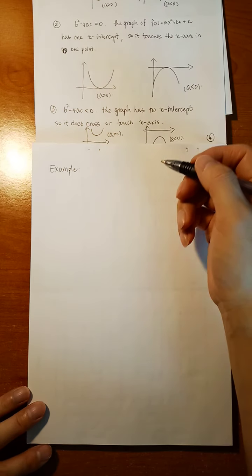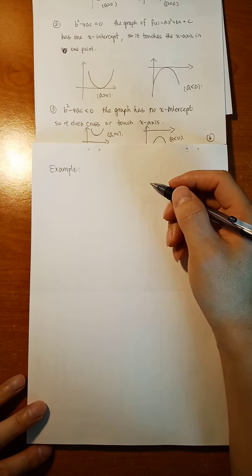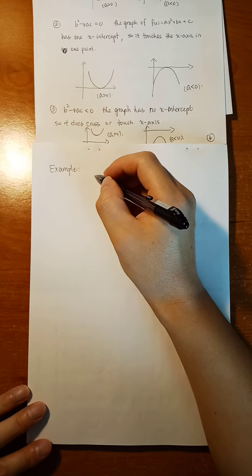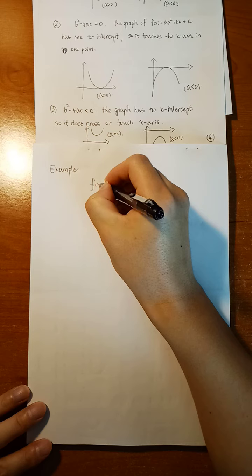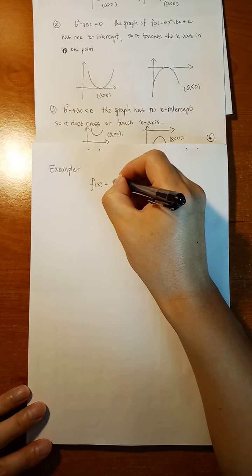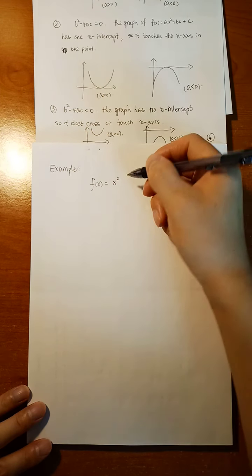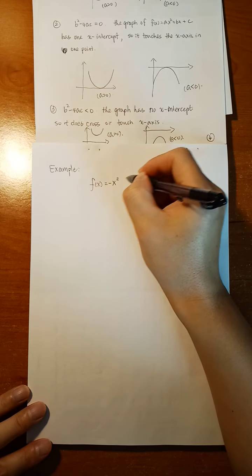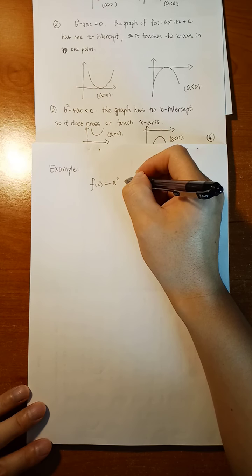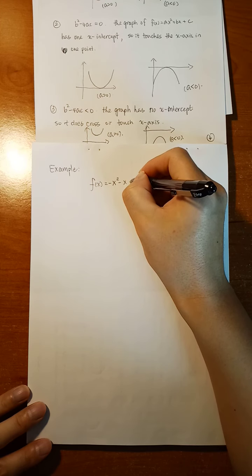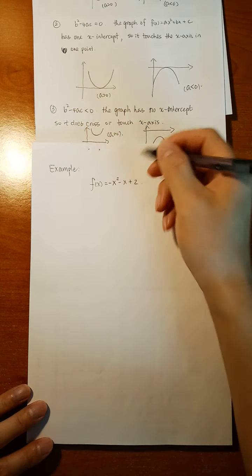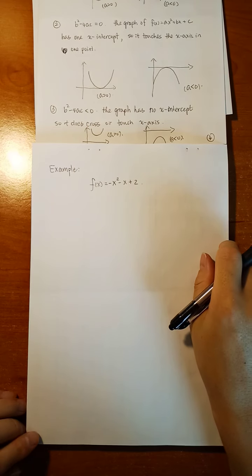It's difficult to locate, to plot. So let's assume we have f(x) equal to negative x squared plus x plus 2. Okay, let's try this one.